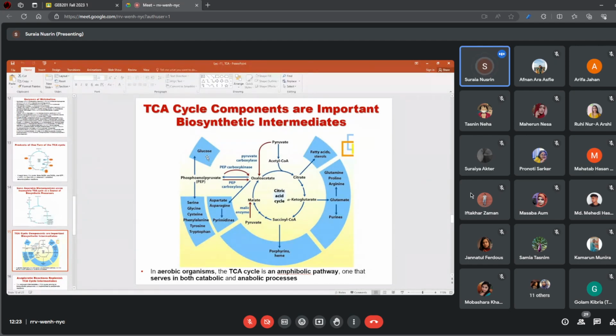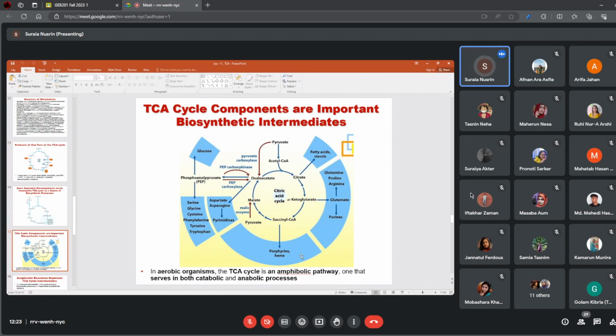So oxaloacetate is used to synthesize glucose, and that is very important. For the anabolic pathway, we have to follow the red arrows, where we can clearly see the intermediates are the source to synthesize all the various biomolecules.